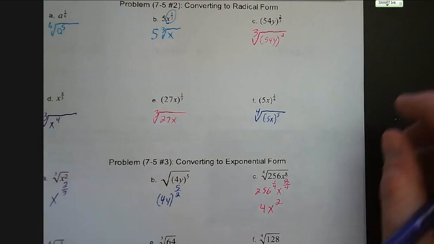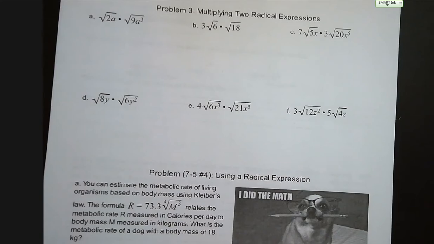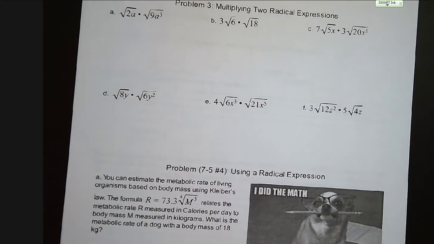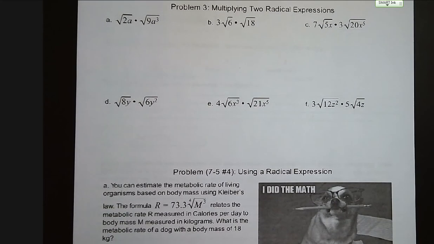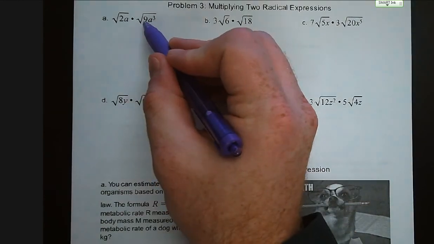Now, moving on to the last page of our notes. Multiplying two radical expressions. So now we've got two radicals that we're multiplying together. One thing you want to look for is if you can simplify. I see that this is the square root of 9a cubed.